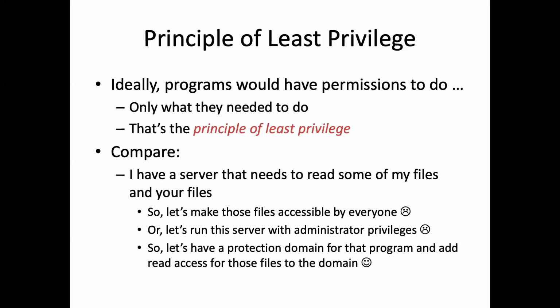Even though I didn't really talk about this in the previous slides, there are things provided by the OS that make that easier to do. So you can stamp directories and say anything made in this directory, unless you say otherwise, will have these group permissions associated with it.